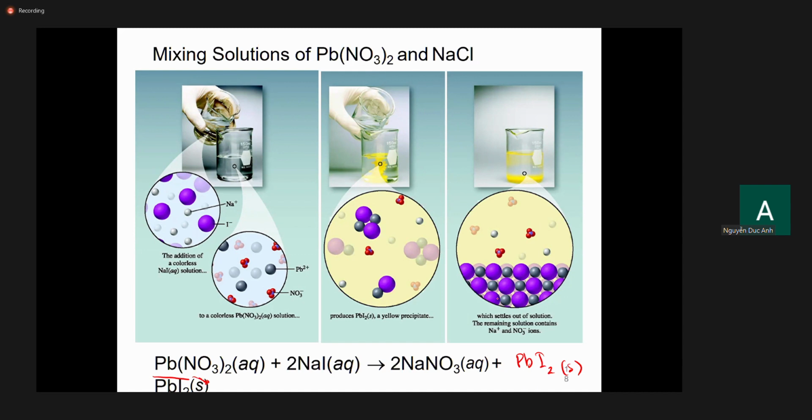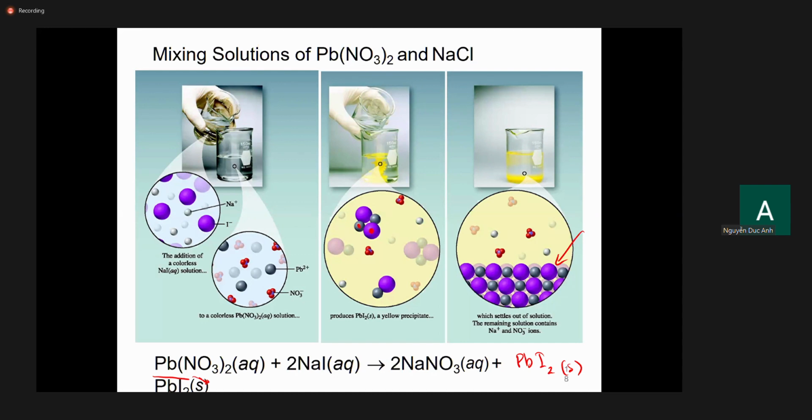Okay, the lead iodide will appear in the very first state as lead ions and iodide ions, okay, and they combine together and form a seed, a very small seed, just several ions. After that, the seed will grow and form an ionic compound as a crystal, like you see in this part. Okay, this one stays in order together and forms a crystal.